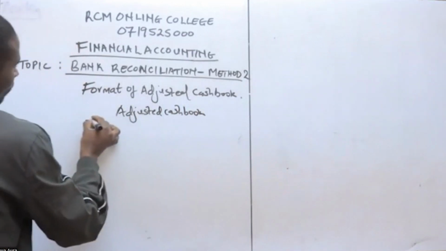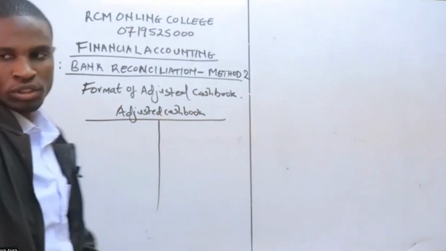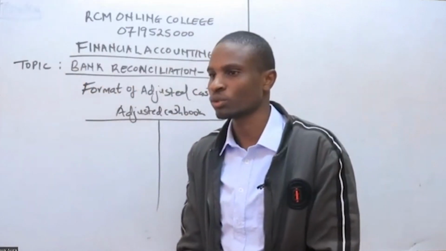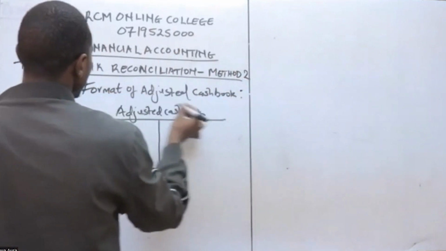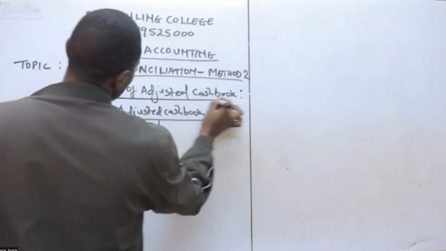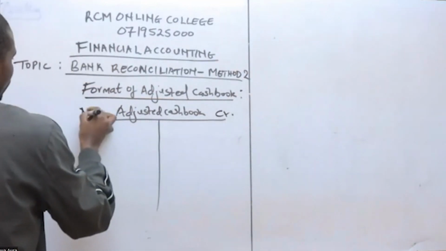We shall use a T account as usual. And with this we can say this is a credit, this is a debit side.